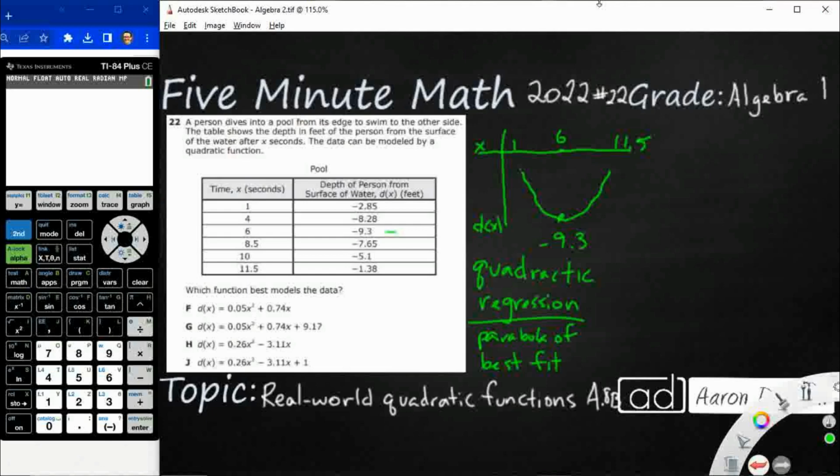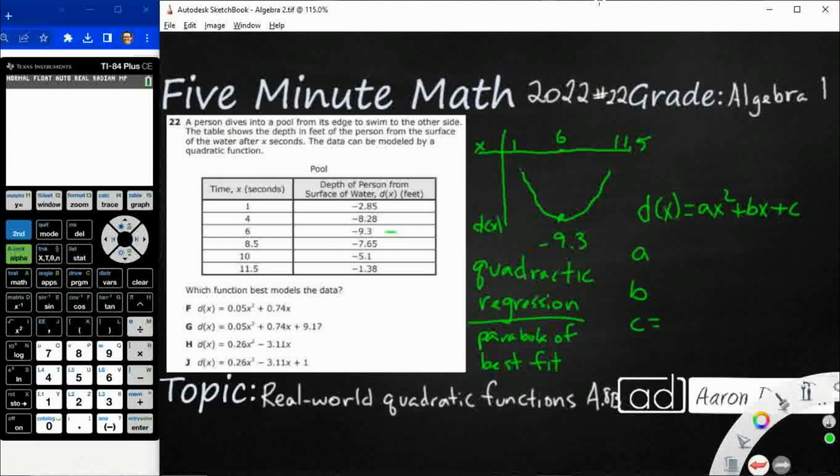Well, we're going to use our calculator over here, and then we're going to get something that's going to look like this. We want standard form, so we want d of x equals ax squared plus bx plus c. Really, we're looking for a and b and c.